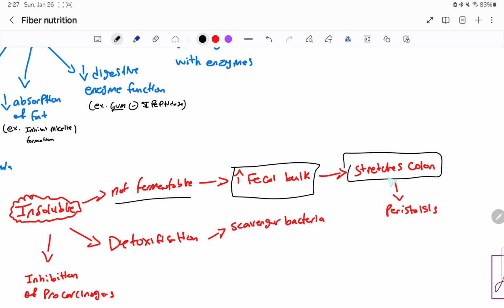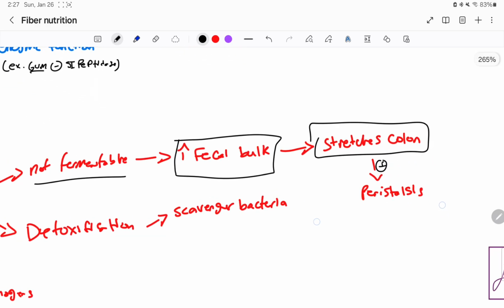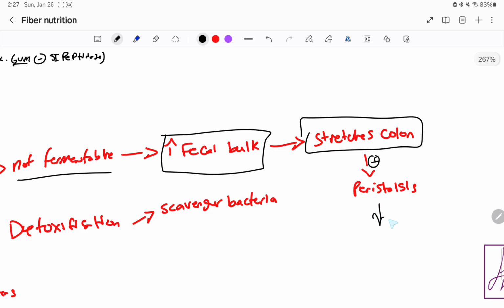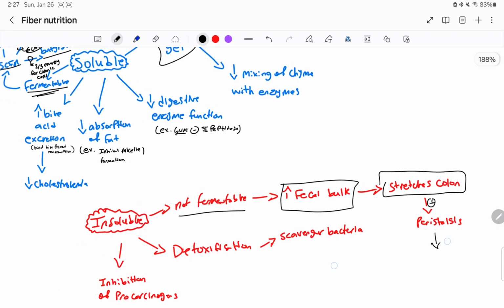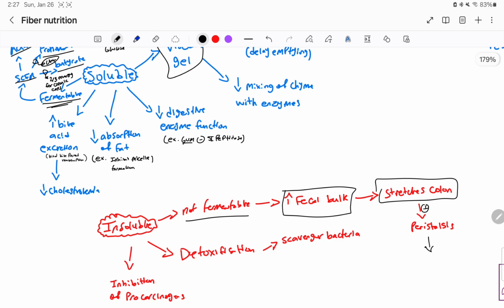And because it stretches out the colon, that's going to stimulate peristalsis to occur at the level of the colon. And this can actually facilitate pooping. So yeah, that's why sometimes insoluble fibers are actually used to relieve constipation, okay?